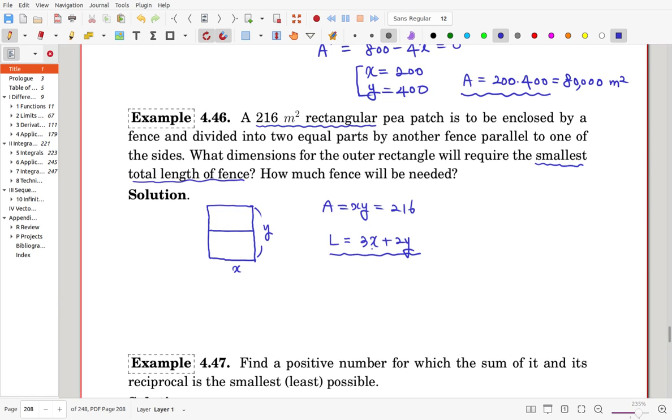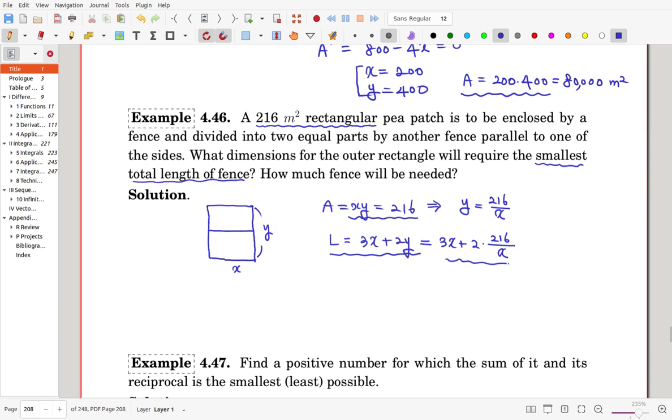But this is now a function of two variables. So we may try to express it as a function of one variable by using the given equation: area is 216. So from this, y equals 216 over x. So that is the same as 3x plus 2 times 216 over x.